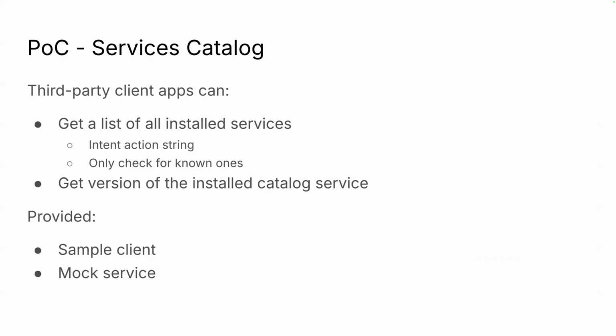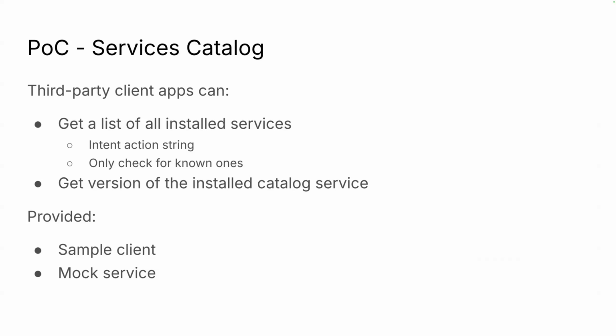In the future, this would be expanded to include more services. The idea is that with this one, a third-party application can know which services are installed in each car, basically, where the app is running. And depending on which one, they would know which methods are available.